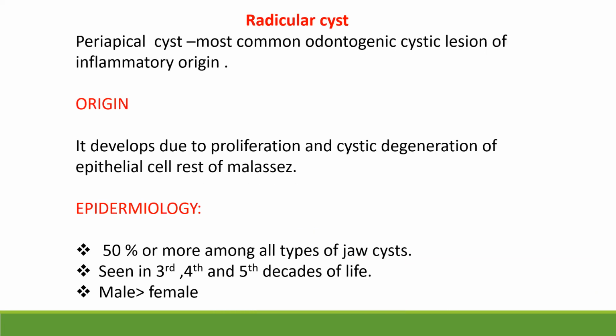Radicular cyst, or periapical cyst, is the most common odontogenic cystic lesion of the inflammatory origin. So it develops due to proliferation and cystic degeneration of epithelial cell rests of Malassez. Epidemiology: 50% or more among all types of jaw cyst, seen in third, fourth, and fifth decade. Male is more commonly affected than female.